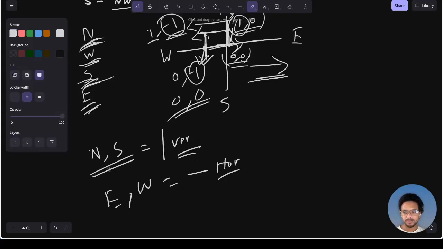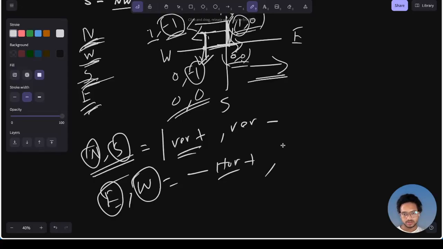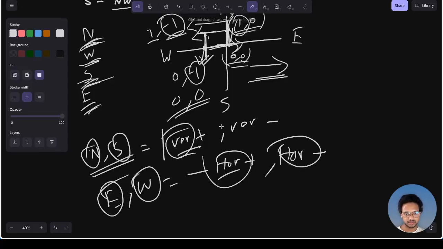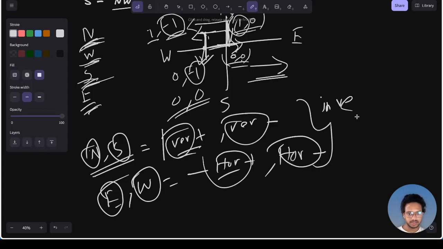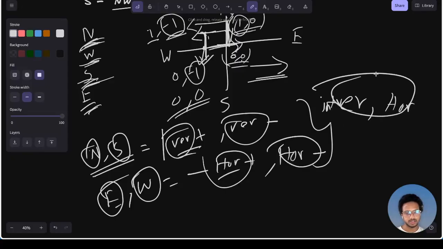If the value is north, we will do vertical plus. If the value is south, we will do vertical minus. If the value is east, we have to do horizontal plus. If the value is west, we will do horizontal minus. Like this, we can increase and decrease the value. So we can simply take two integers, one vertical and one horizontal, right?